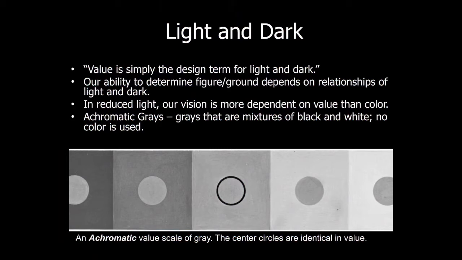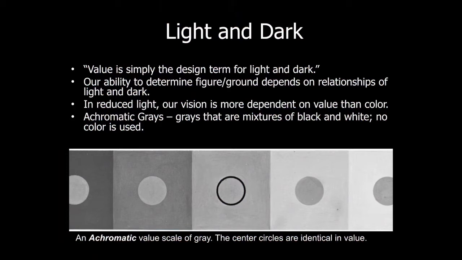When it comes to talking about value, we're really talking about light and dark. Value is simply the design term for light and dark. If we take a look at this example here with a gray scale, it's actually an achromatic grayscale, meaning there's no color.